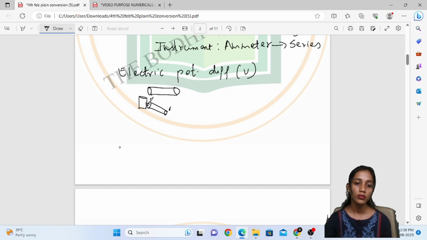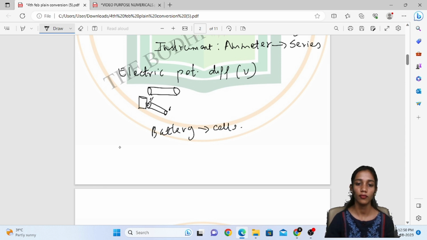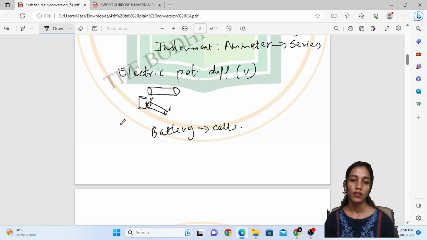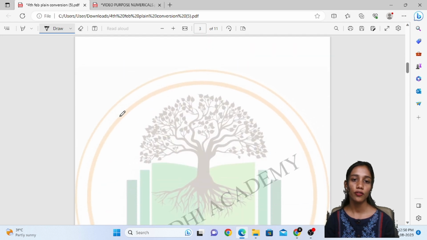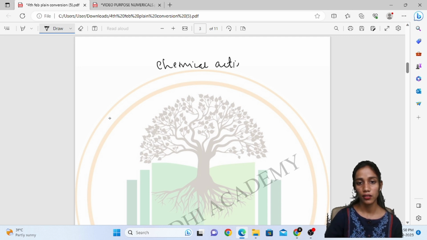Now, how do we get the potential difference in an electric circuit? We get the potential difference with the help of a battery. A battery is a combination of cells. When you connect a battery to the electric circuit, there is a chemical action taking place in the circuit.